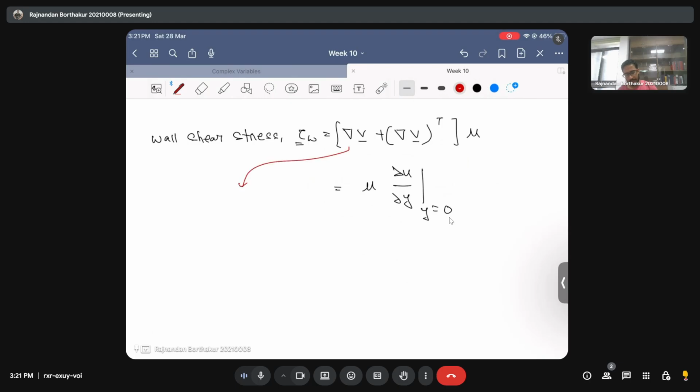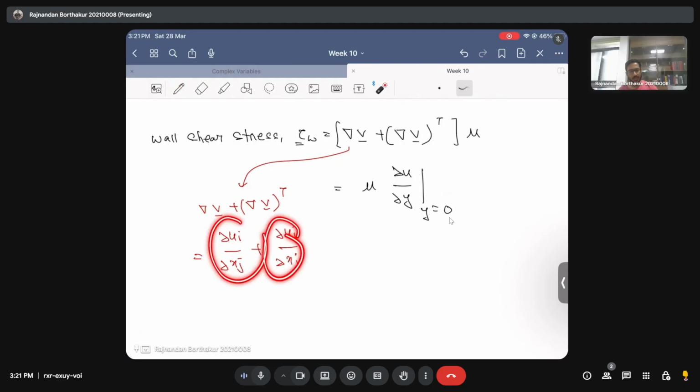This dyadic of velocity plus dyadic of velocity transpose can be written as del ui by del xj plus del uj by del xi. And in principle, these quantities are tensors, as you can see, because they have two non-repeating indices.